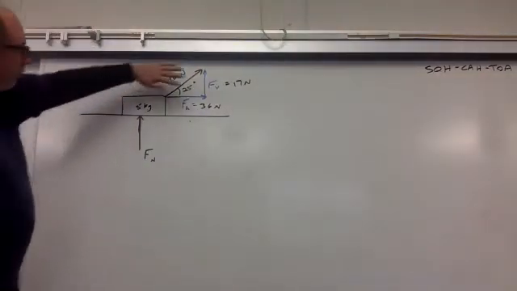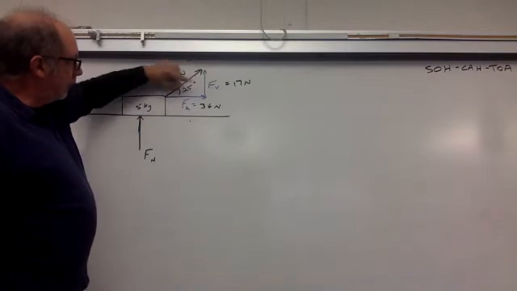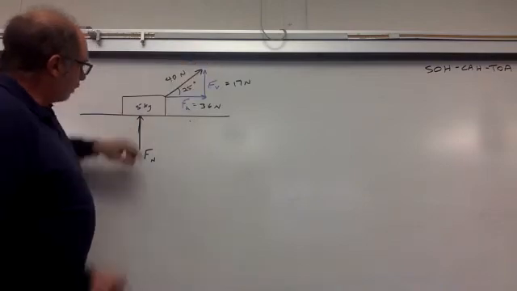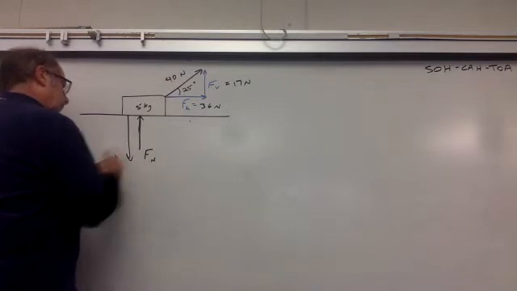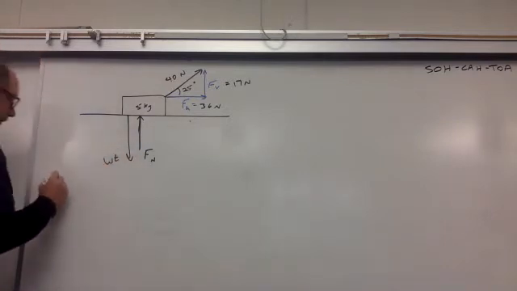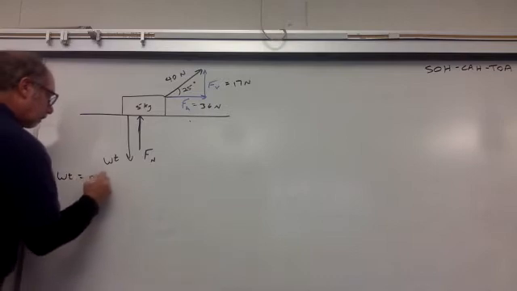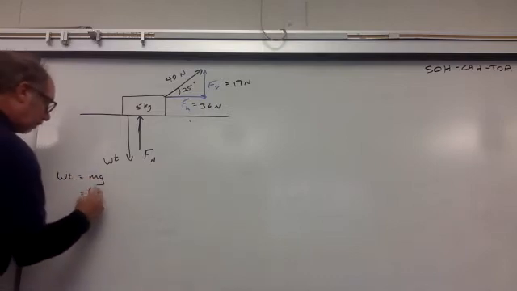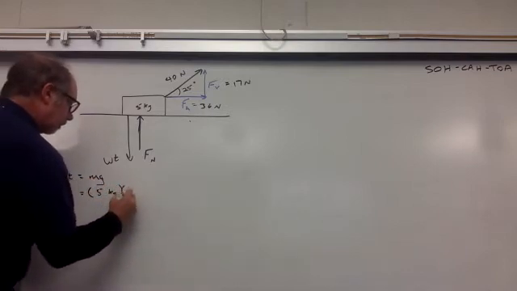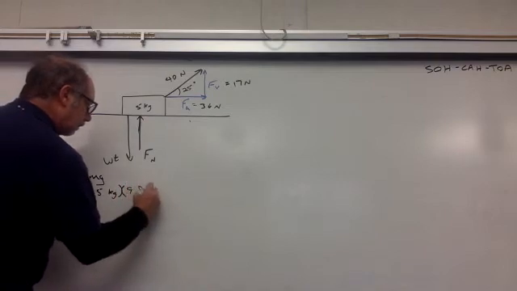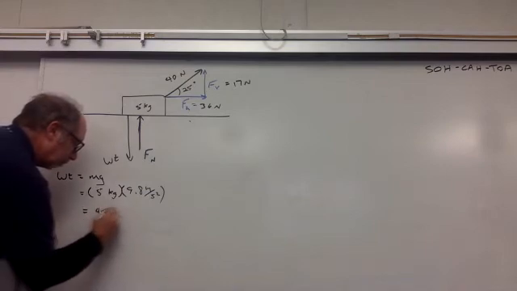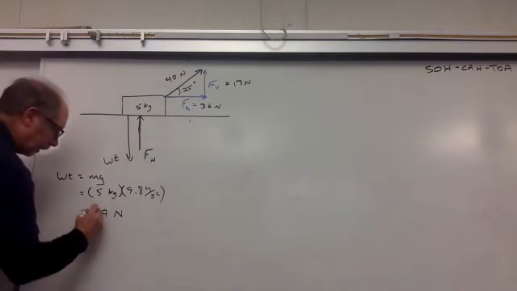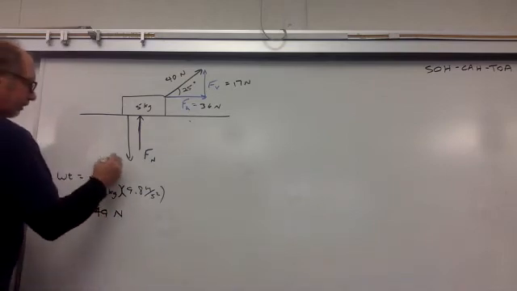If this rope force weren't there, the normal force simply matches the weight. I can find the weight by mg: 5 kilograms times 9.8 is 49 newtons.